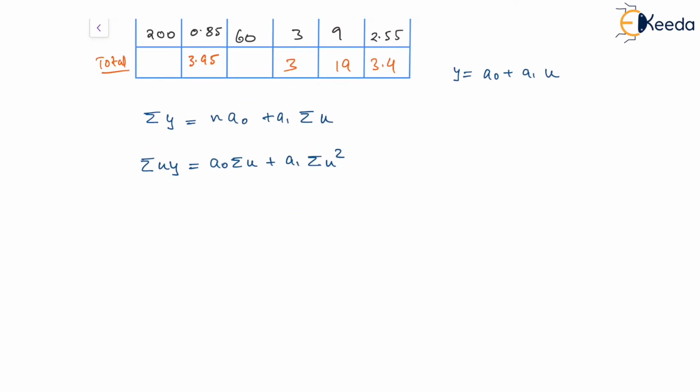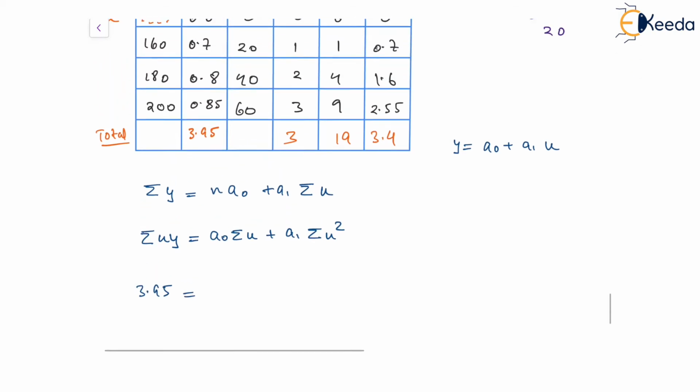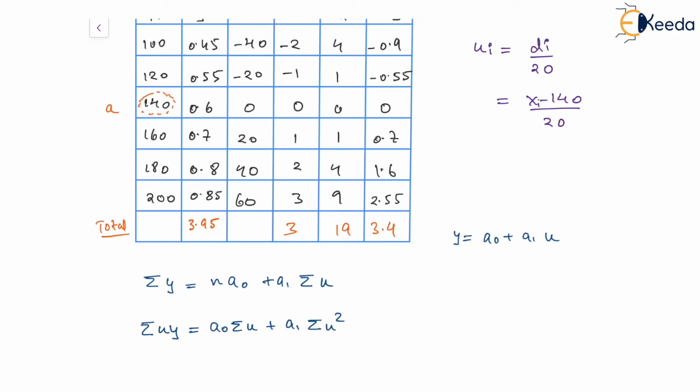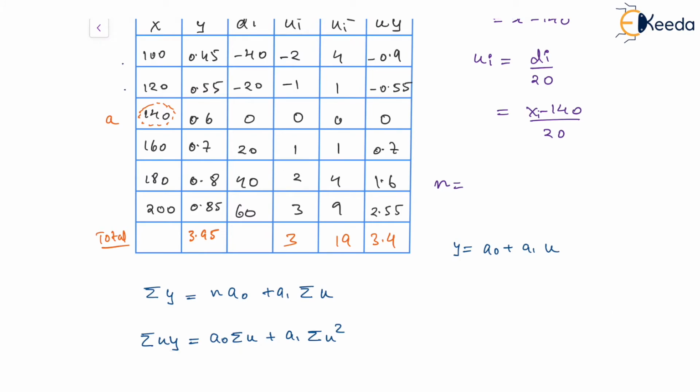So the equation formed is 3.95 equal to n times a naught plus summation of u times a1. So what is n here? We can clearly observe that n is the number of data points we have, that is 1, 2, 3, 4, 5 and 6. So n is equal to 6.